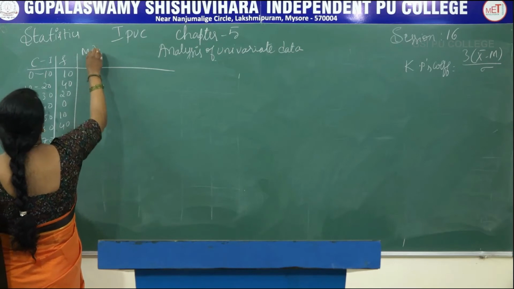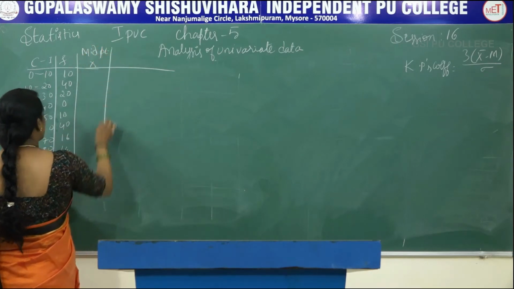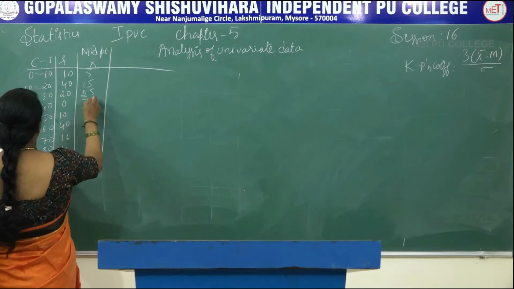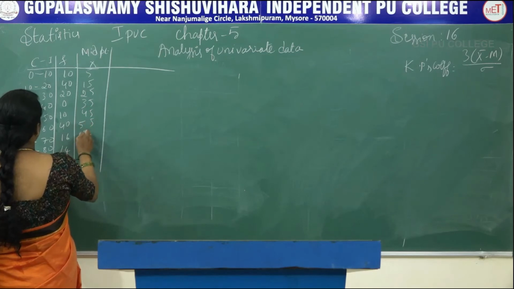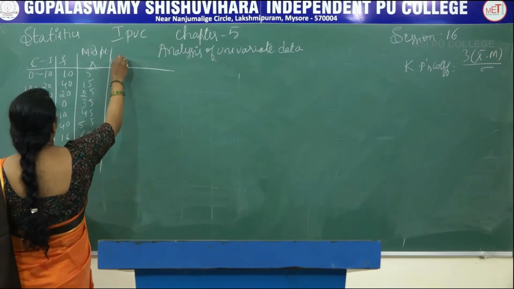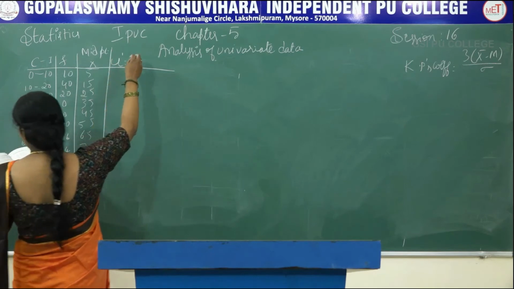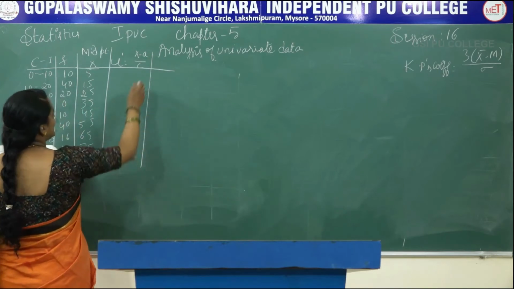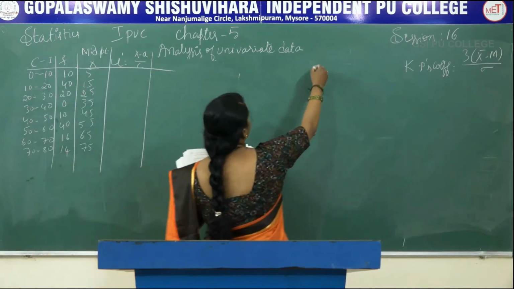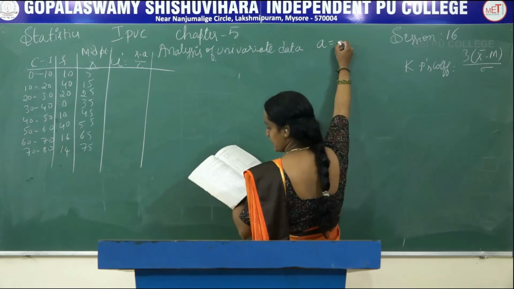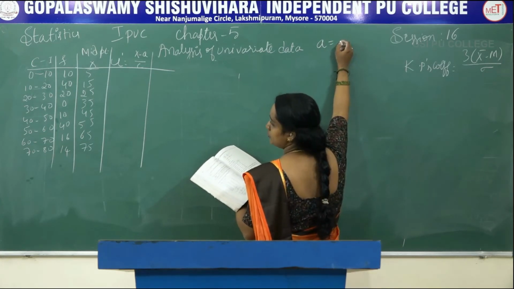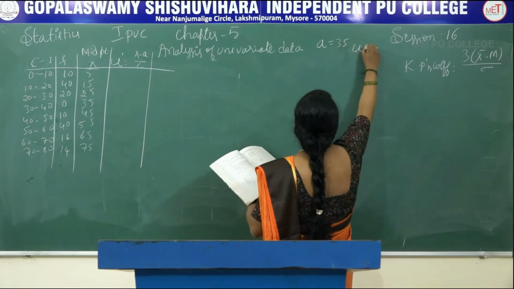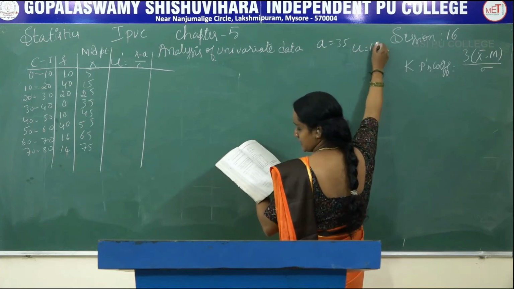First I will find the midpoint, that is our x. The midpoints are 5, 15, 25, 35, 45, 55, 65, 75. I will write u dash. u dash is equal to (x minus a) by c. Here a is the middle value, a is equal to 35, and c is the width of the class interval, that is 10.